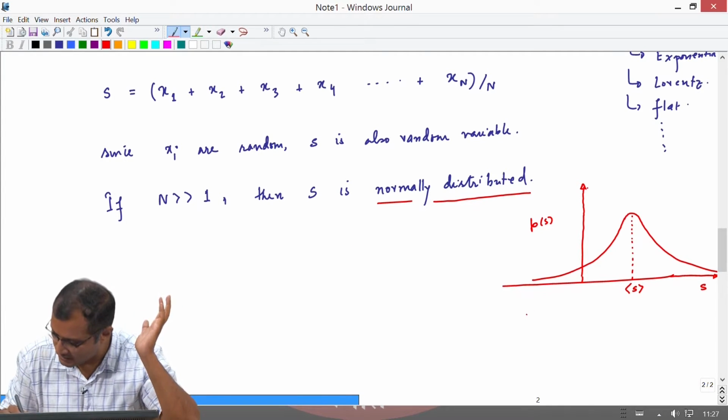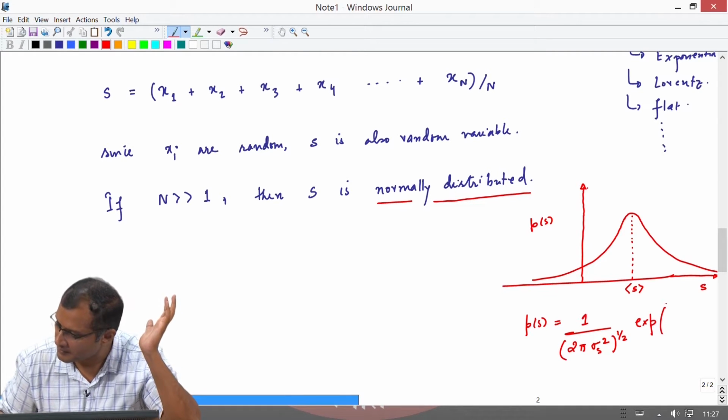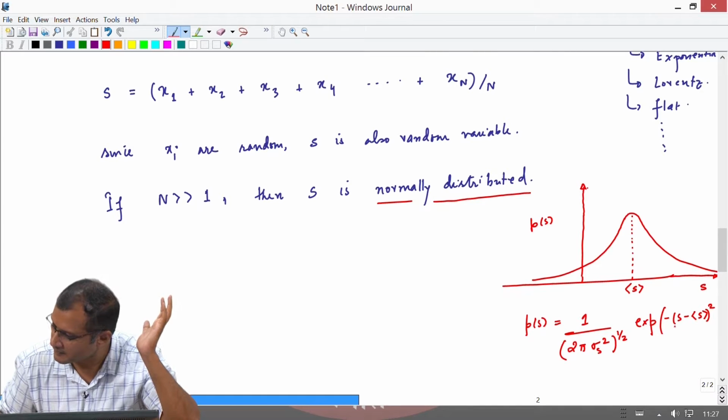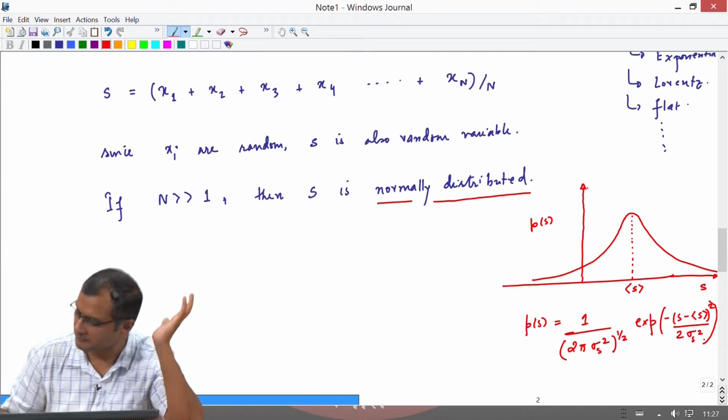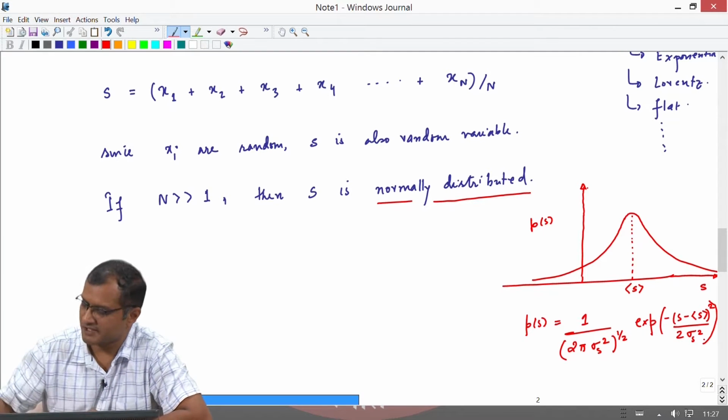So, P of S is nothing but, we shall see at the end of this discussion, that it is 1 upon 2 pi sigma s square, e to the power minus s minus... okay. So, that is the beautiful result. So, this is the P of S that I have plotted.